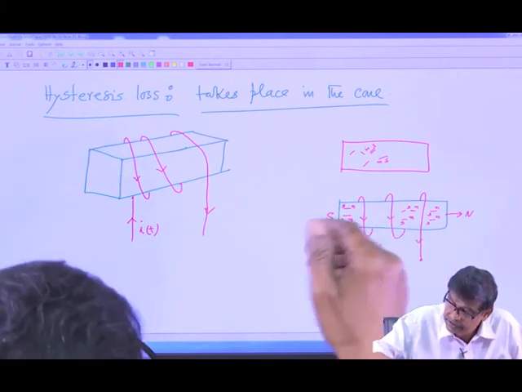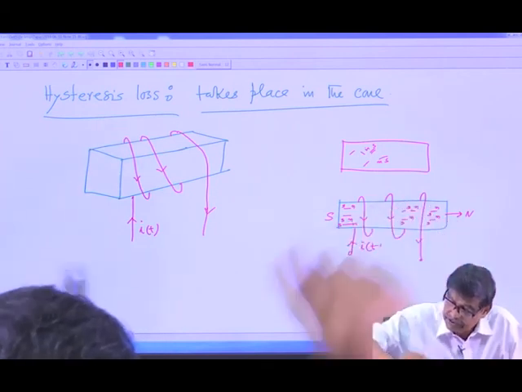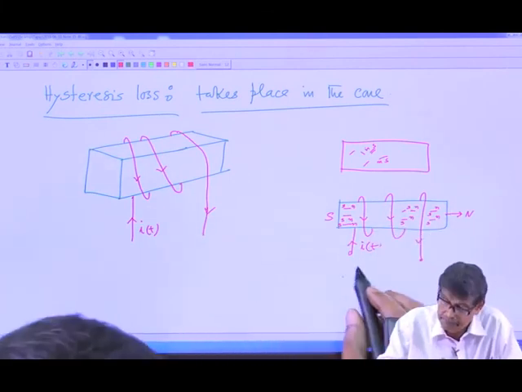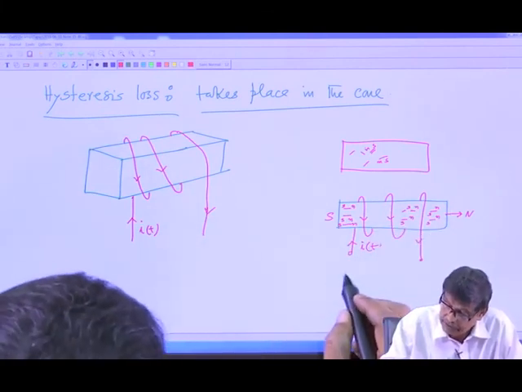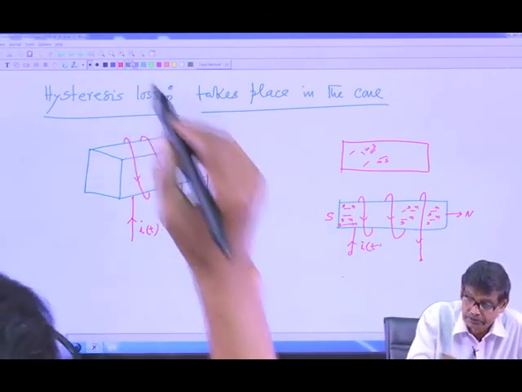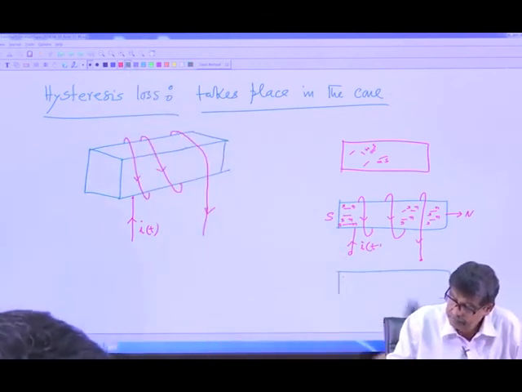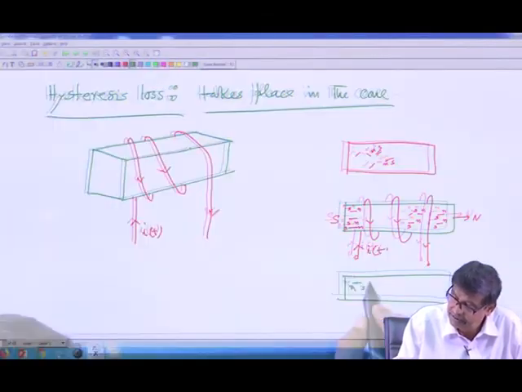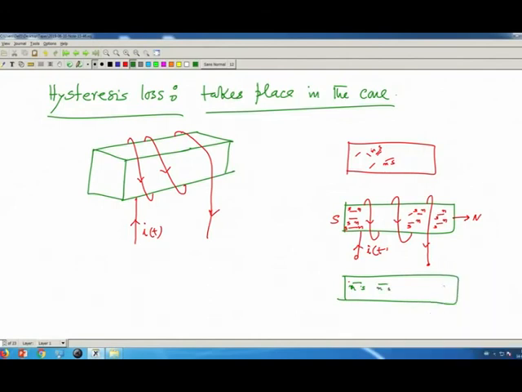Then you reverse the current, they will now start moving, and finally, when the negative maximum current flows, this side will become south, the other way it will become north.